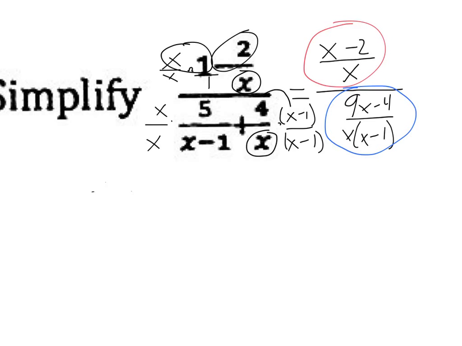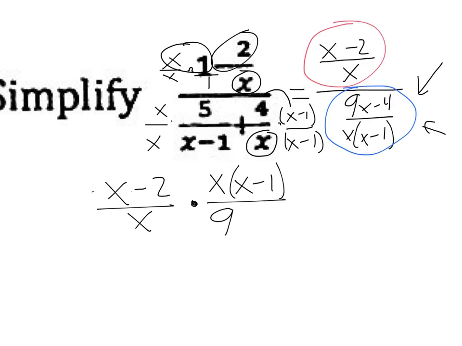So what we do, we take the first fraction, x minus 2 over x, and instead of dividing by this fraction right here, we are going to multiply by the reciprocal of that blue circle. So we'll have x minus 1 in the numerator, 9x minus 4. Make sure instead of just writing down what I'm writing, you're listening and trying to follow step by step.